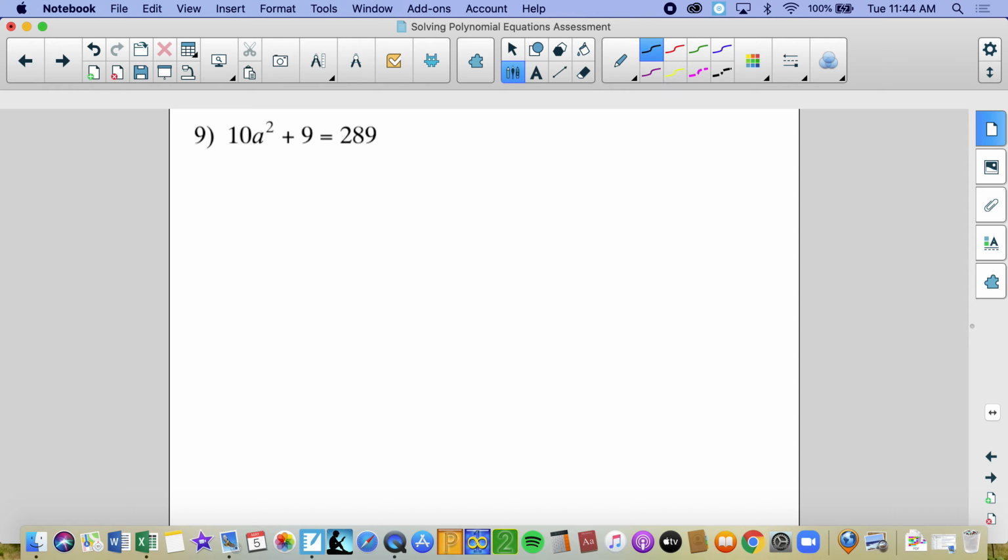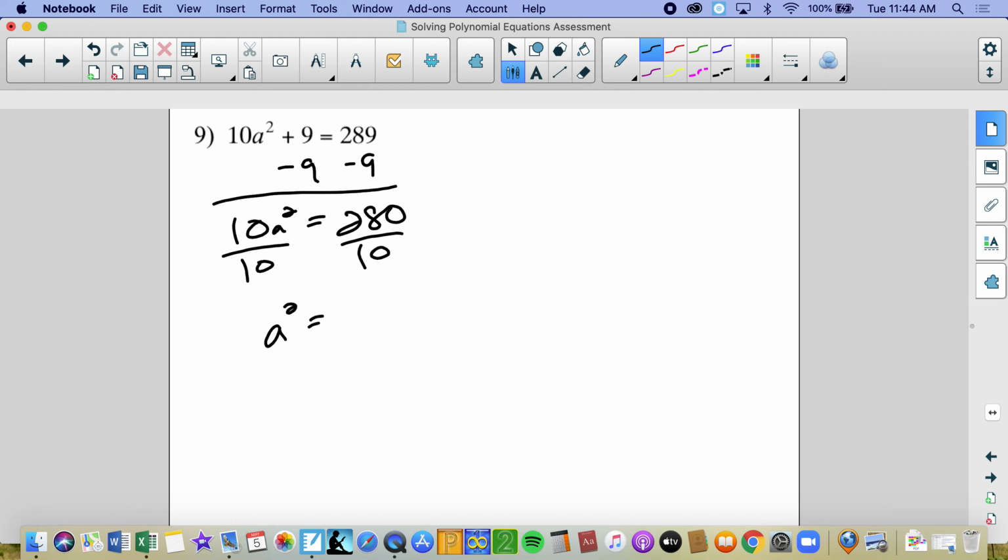Still isolating, we have a single variable that's being squared, so it's easiest to just isolate it. 10a squared equals 280. Divide by 10, we get a squared equals 28. We're going to take the square root of both sides. We get a equals plus or minus rad 28.